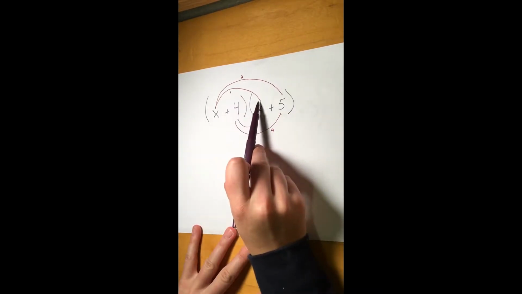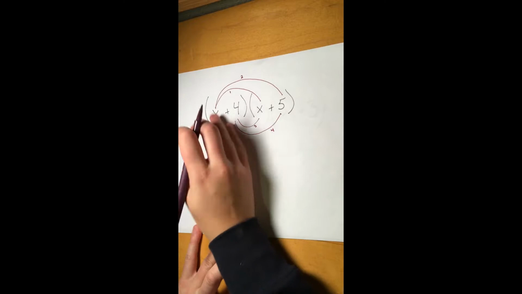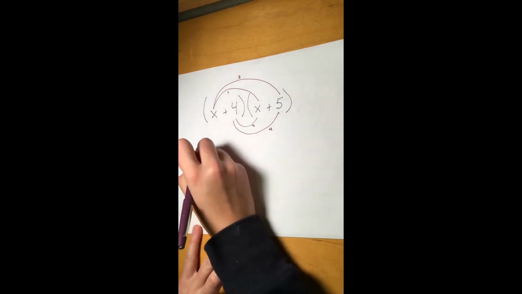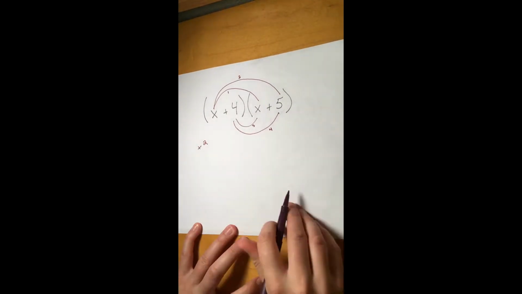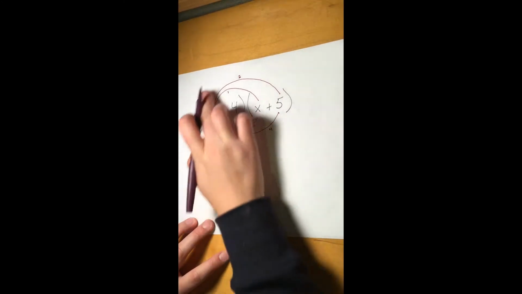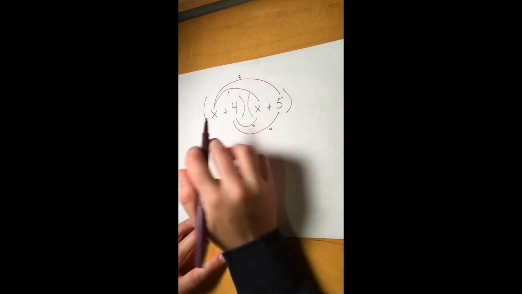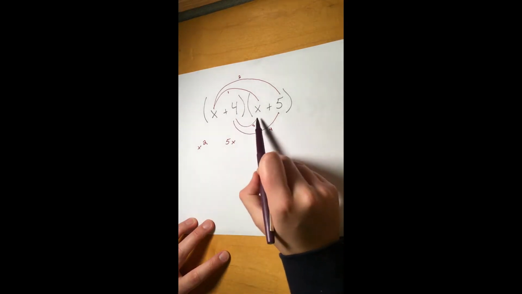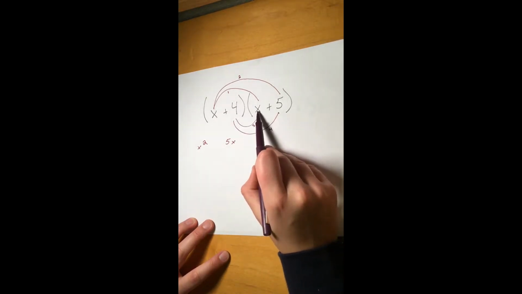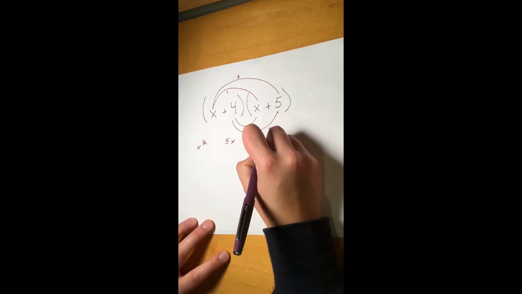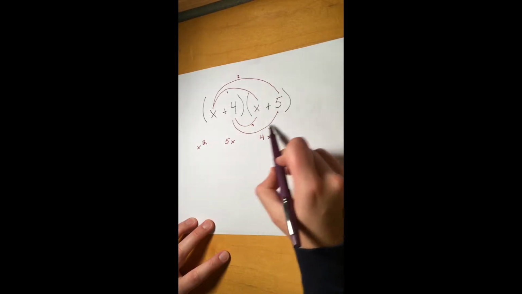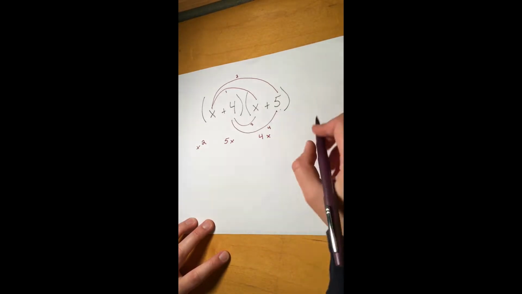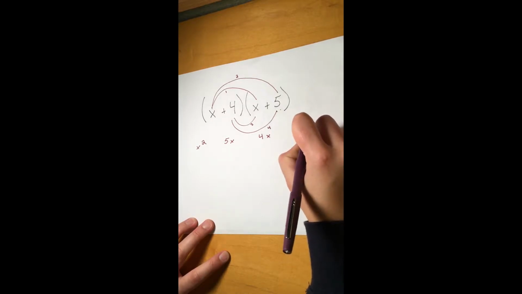For the one rainbow, x times x becomes x squared. 2 rainbow becomes 5 times x, or 5x. 3 rainbow, 4 times x, 4x. 4 rainbow, 4 times 5 is 20.